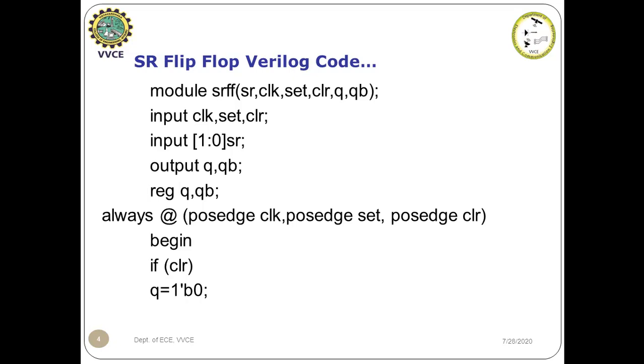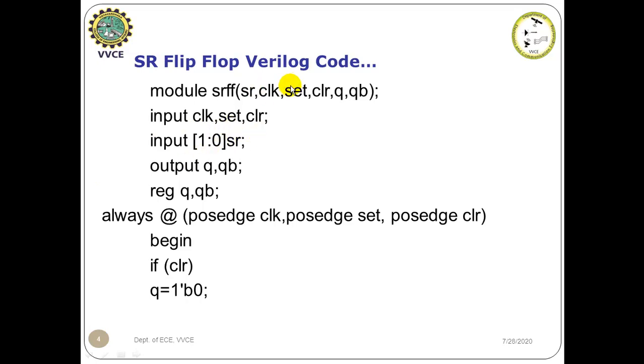Since I have to test the operation of the flip-flop for every rising edge of the clock, clock should be an input signal. Since I have to control the operation of SR flip-flop using set and clear inputs, set and clear are chosen as input ports.